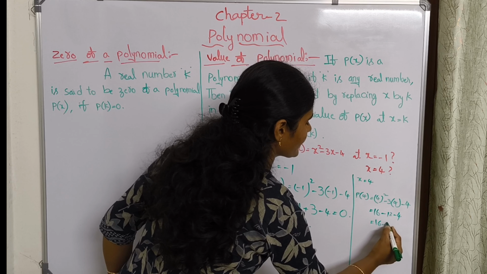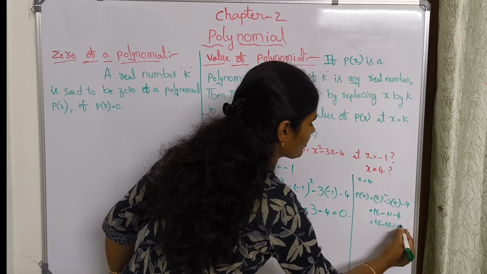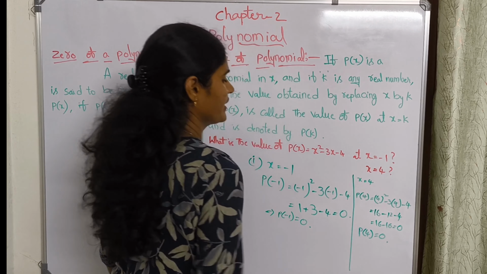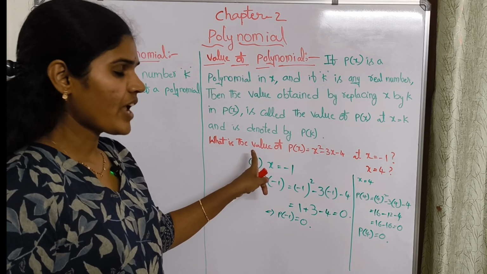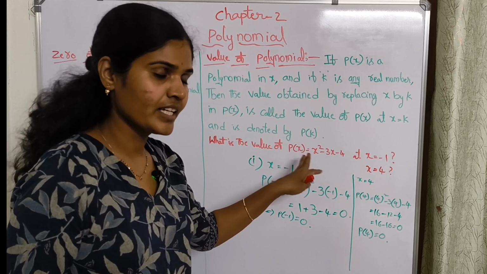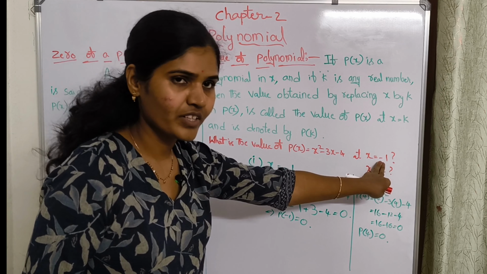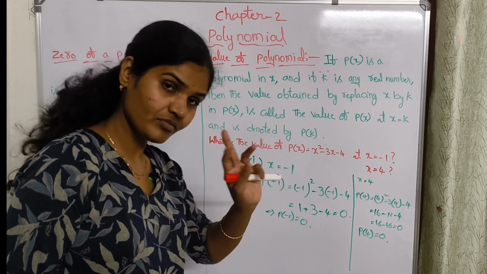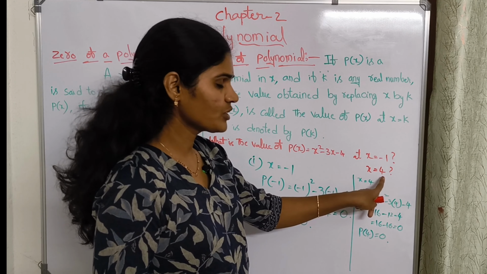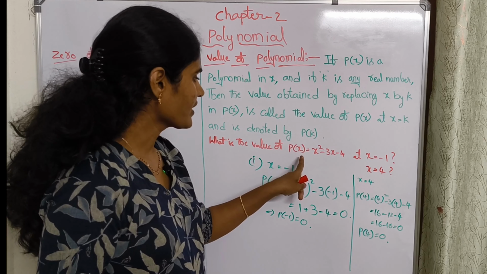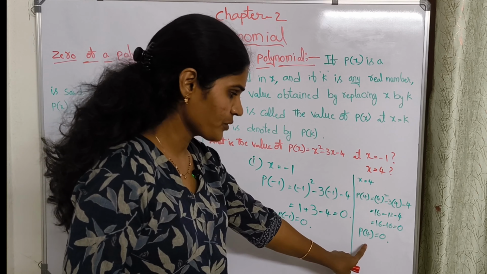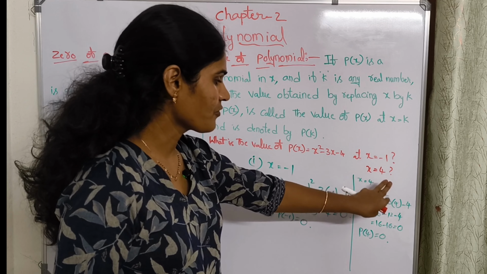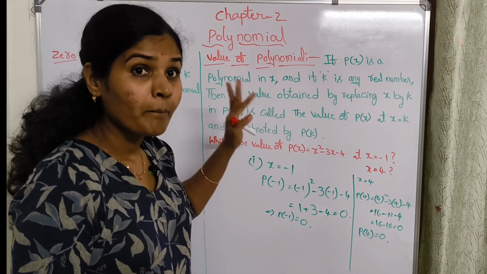So 16 minus 16 equal to 0. So again p of 4 equal to 0. Means the value of p of x at x equal to minus 1 is p of minus 1 equal to 0. At the value of x equal to 4, p of 4 equal to 0. Means that p of minus 1 and p of 4 are 0.